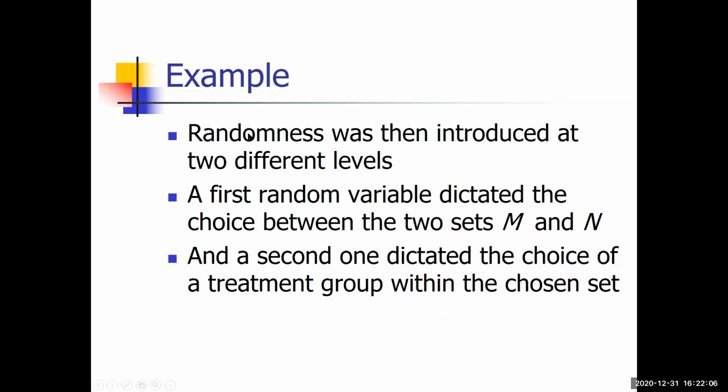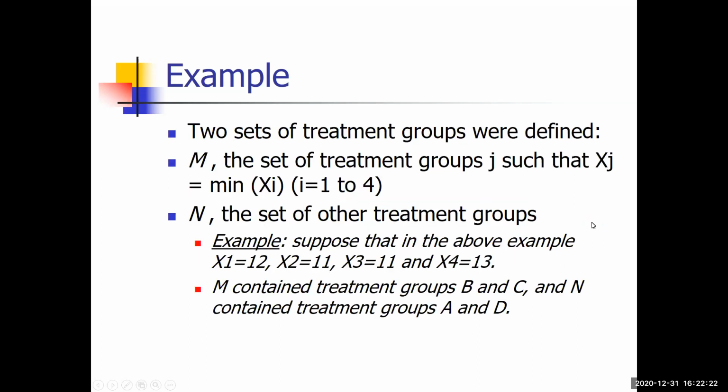All right. Now, randomness was introduced at 2 different levels. A first random variable dictated the choices between M and N. If you look at it this way, this is a kind of imbalanced coin randomization. You can set up at the beginning of the randomization program that the probability of being randomized to M is 0.55, and then the probability of being randomized to N will be 0.45.